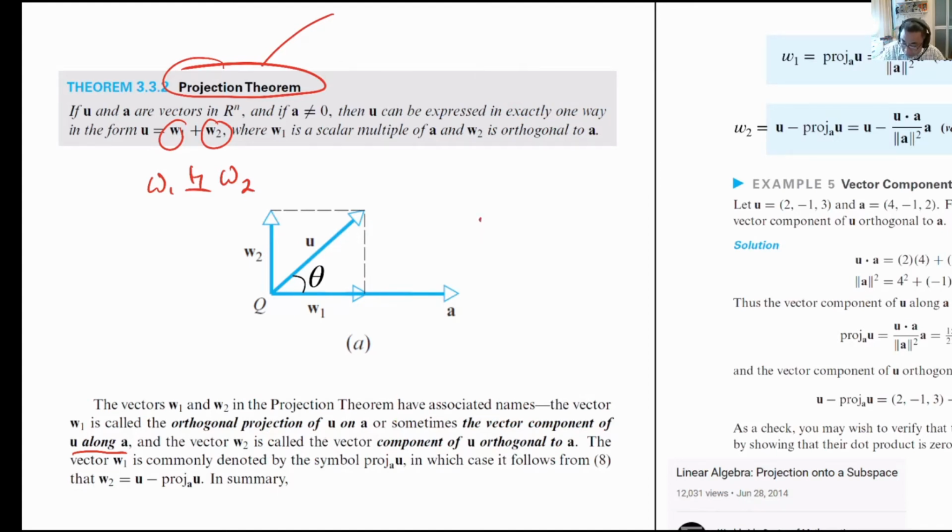Well, w2 is simply u minus w1. And then we can use the clearer notation, which is the projection of u onto A, as the representation for w1.